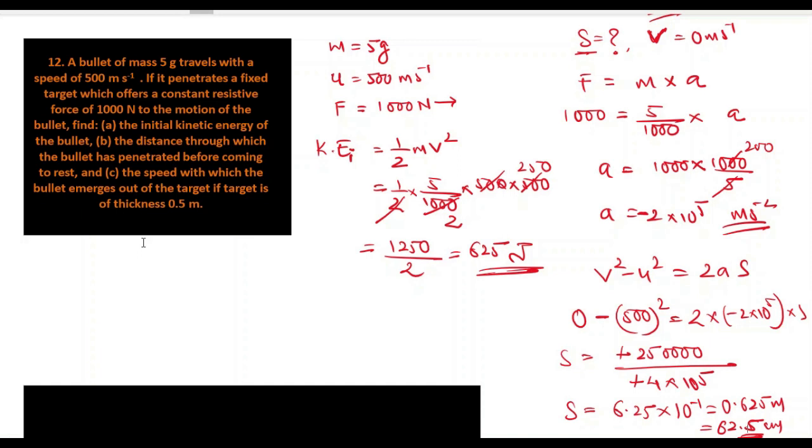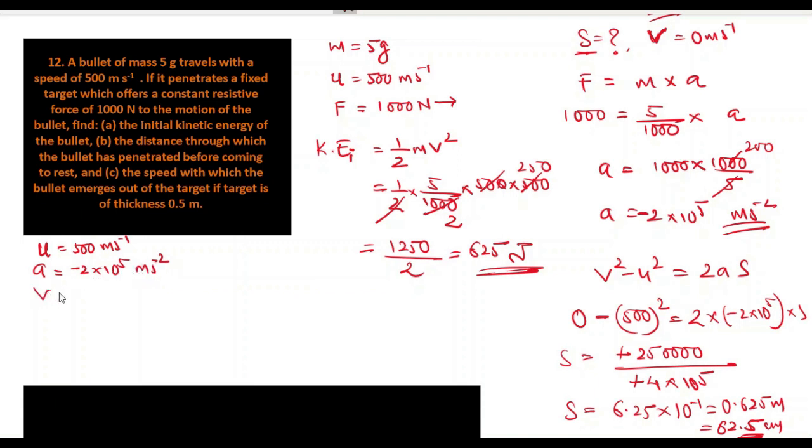Okay, and the speed with which the bullet emerges out of the target, if the target is of thickness 0.5 meter. Now see, the initial velocity of the bullet is 500 meter per second. Now the acceleration which the target offers is minus 2 into 10 raised to 5 meter per second square. That is the retardation the bullet will face when it enters the target.